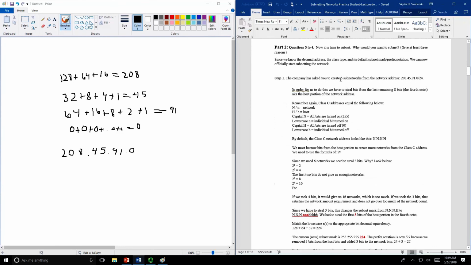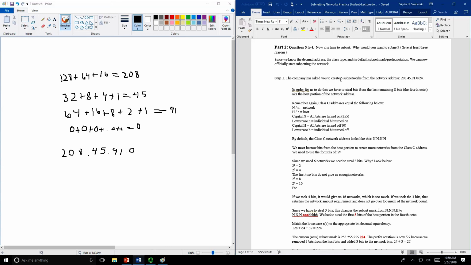Since we now know the subnet mask and prefix notation, we can begin to subnet. Before we begin subnetting, I will show you another way of representing a subnet mask, which is called the NH format.